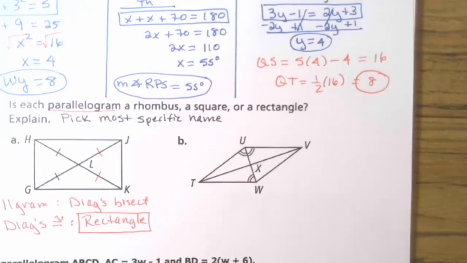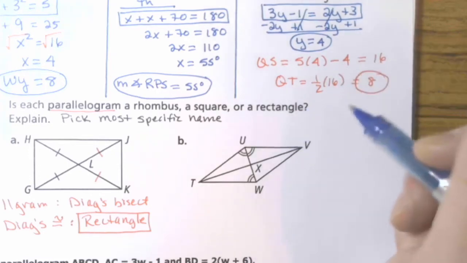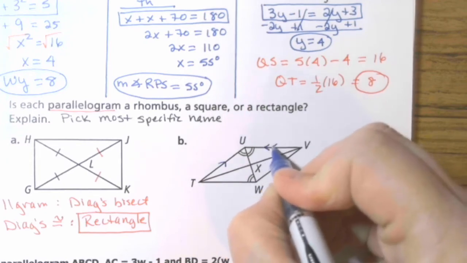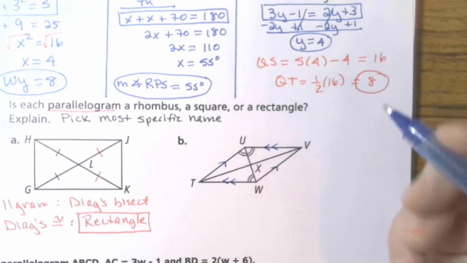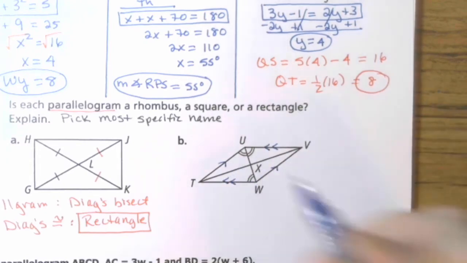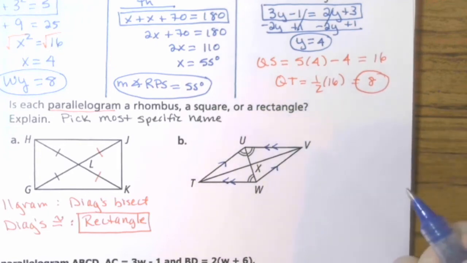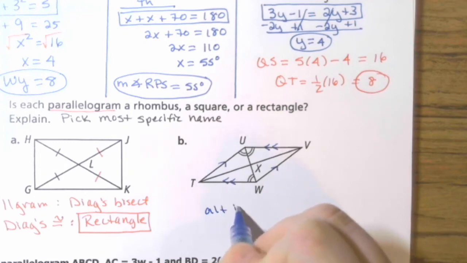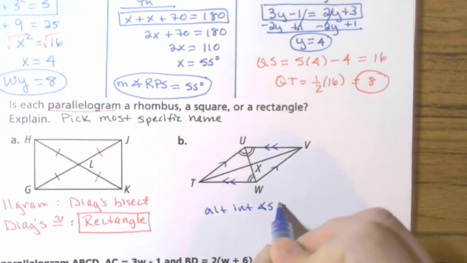Okay, let's look at B. All right, we know this is a parallelogram. And so parallelogram means left and right are parallel, top and bottom are parallel. We also know that in a parallelogram, the diagonal becomes a transversal and alternate interior angles are congruent.